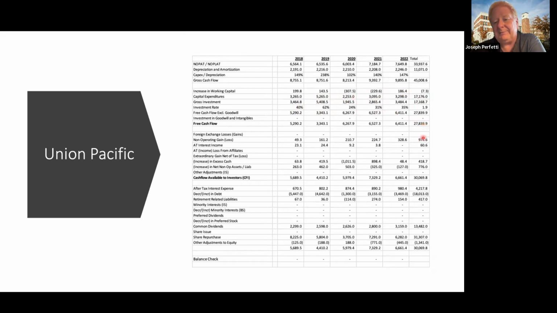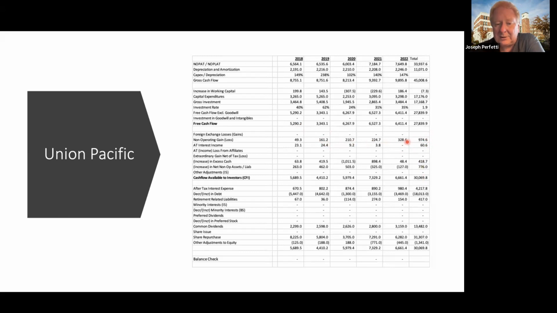If we look at the cash flow available to investors, that grew to $30 billion. That means they generated essentially $2.2 billion in non-operating cash. Where did the $2.2 billion come from? Well, $974 million came from non-operating gains, which they have pretty much every year, of anywhere from $160 million in 2019 to as high as $328.6 million in 2022.